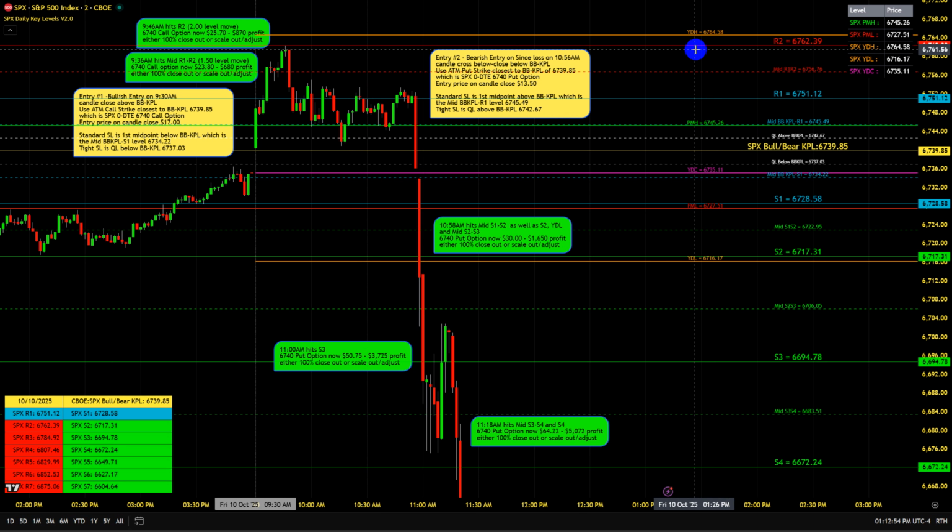Okay, so briefly, these other levels here that you'll see there's a table for. The YDH level is yesterday's daily high, which specifically stands for the previous RTH session high. PMH is the current session's pre-market high.